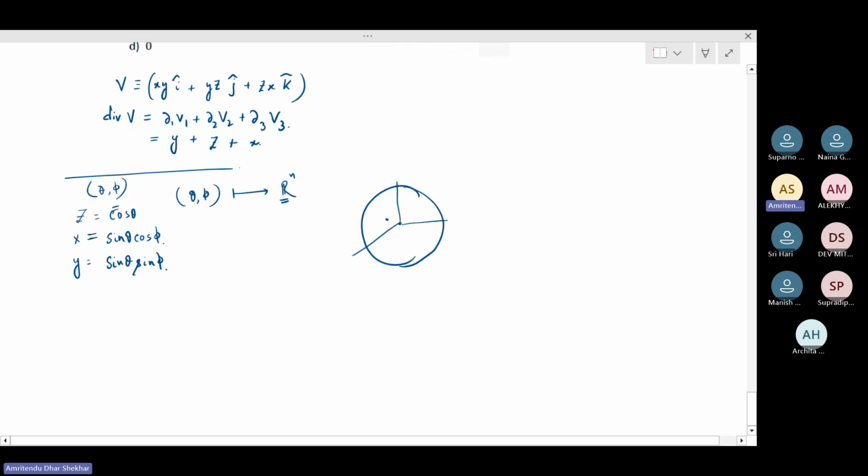Your limits of theta are from 0 to pi, and your limits of phi are from 0 to 2 pi.